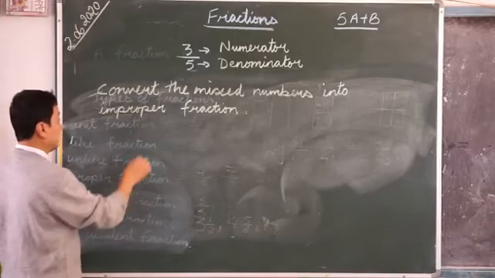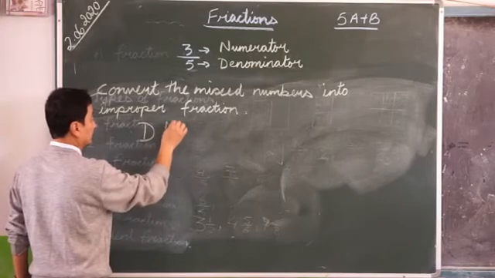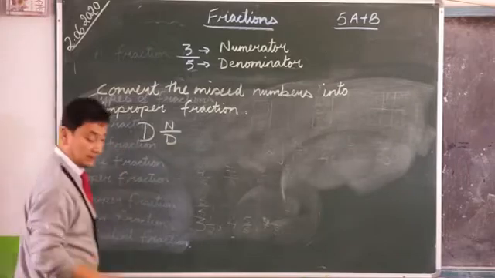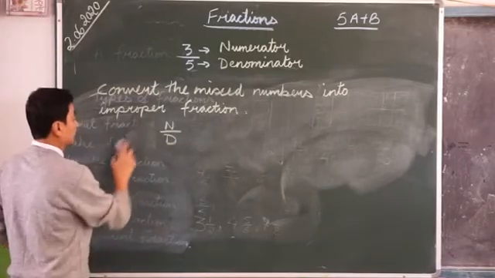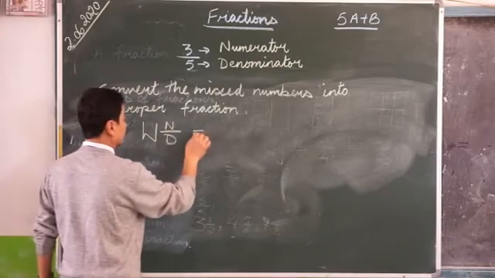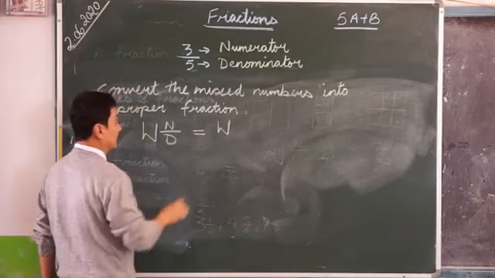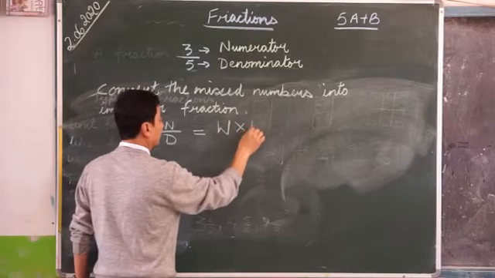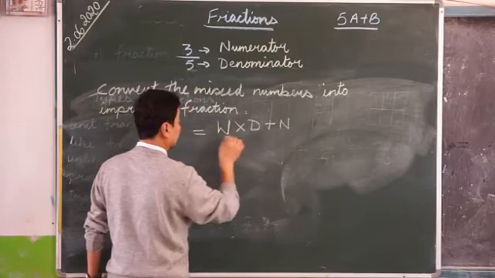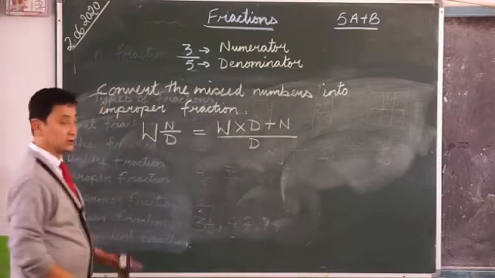Just say you have a denominator, numerator. This is the whole number. Okay? We have a numerator, denominator and a whole number. What you have to do is multiply the whole number with the denominator and add the numerator and write the same denominator. Let me show you.